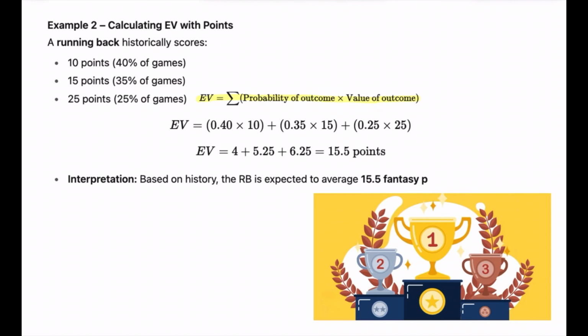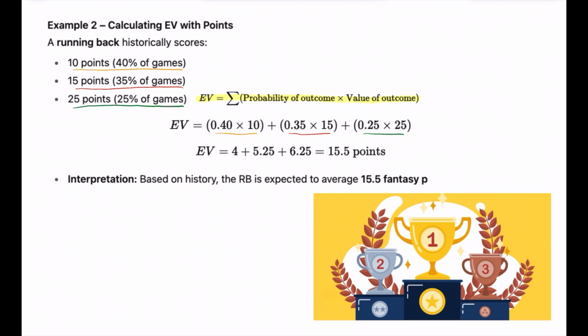Example two is calculating expected value with points. So here it says a running back historically scores 10 points 40% of the games, 15 points 35% of the games, and 25 points 25% of the games. So I've copy pasted from our notes section the expected value formula, and that's what we're going to use here. So if it's 10 points for 40% of the games, we'll convert that percentage into a decimal and then multiply it by 10. So 0.4 times 10. 15 points, 35% of the games would be 0.35 times 15.